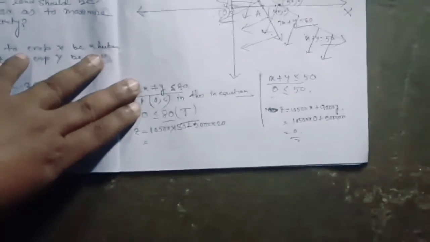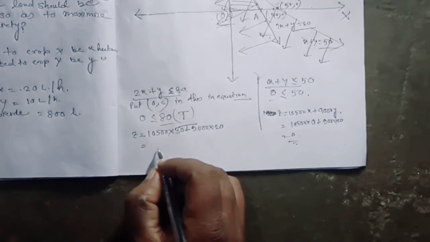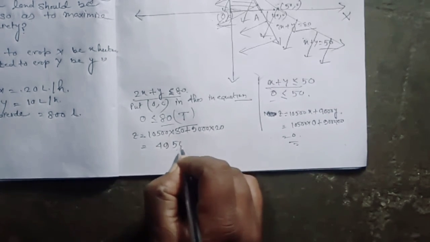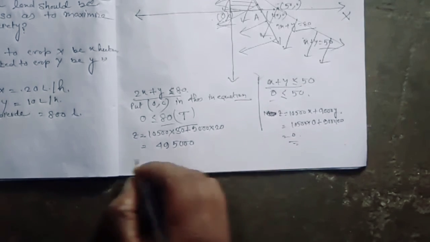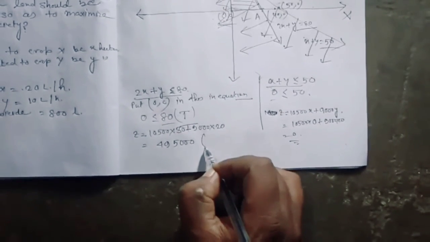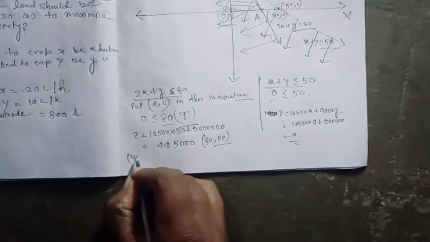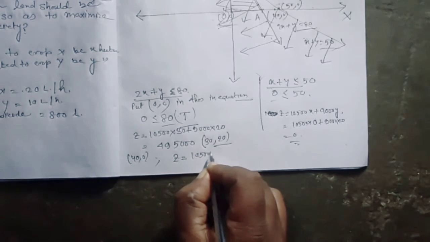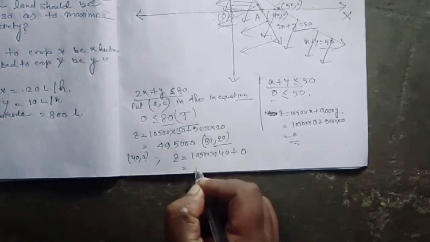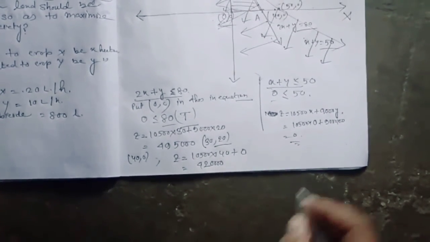That gives the value 495,000. Next, for the point 40 comma 0, the value of z is 10,500 into 40 plus 0, which is 420,000.